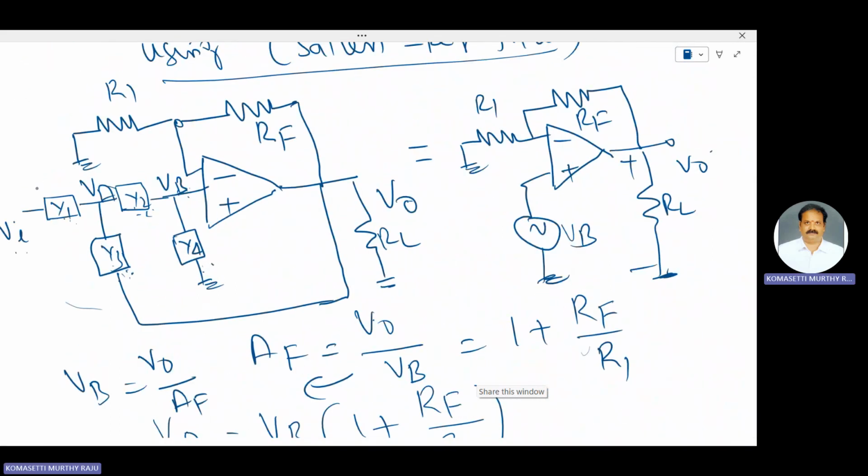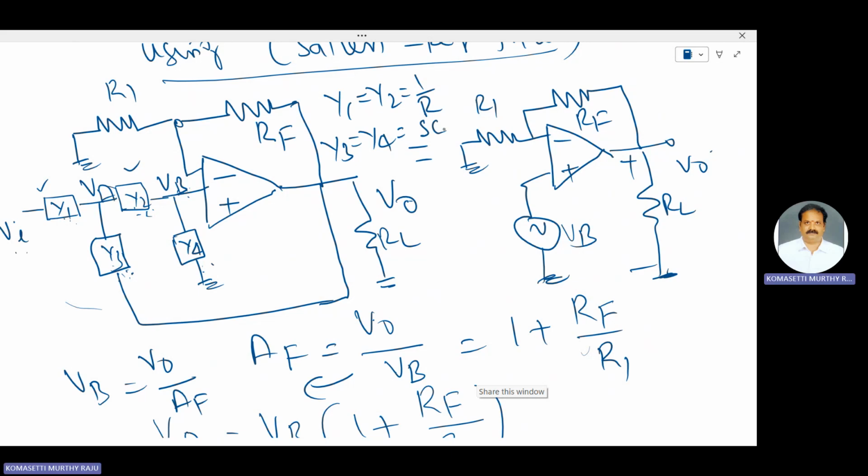Here y1 and y2 are admittances. Generally we use impedance, so in case of impedance we use y1, that is the reason for 1 by R. And y3, y4. Capacitive admittance is equal to SC.